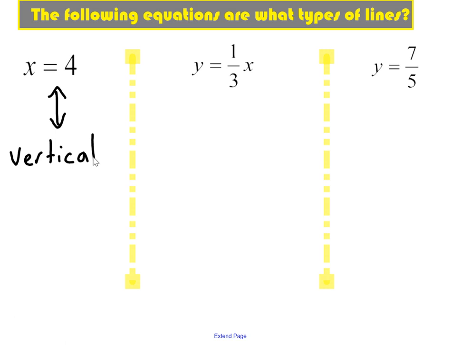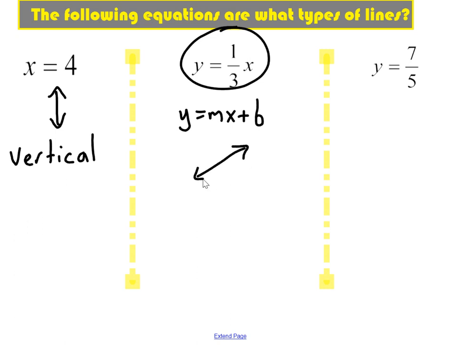So it's vertical. Here I have a y equals mx plus b equation again. And if I have a y equals mx plus b equation, I know that that is going to have a slope to it, so it's going to look something like this. And if we have a diagonal line, that's actually called an oblique line.